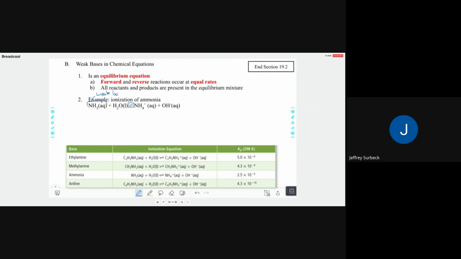And so we would say, all right, we need to write down our Kb, which equals our reactants. Remember, we're only putting aqueous and gases. We don't have to worry about gases. NH4 times our OH minus, all divided by our only NH3, and that would be our Kb expression.